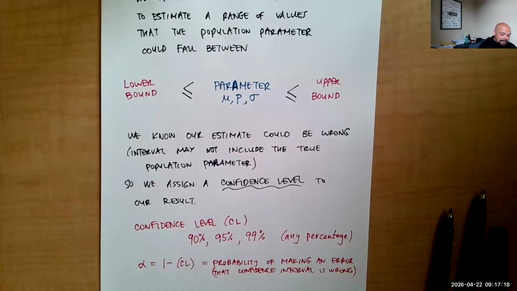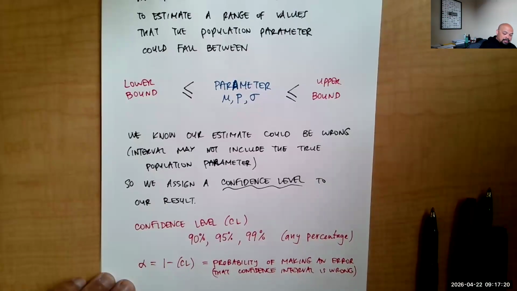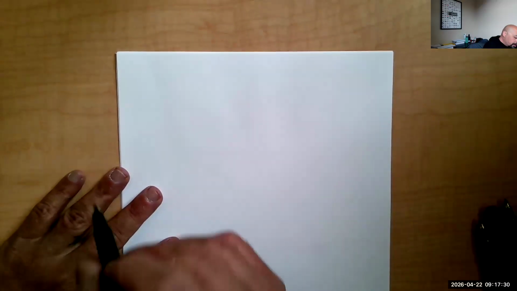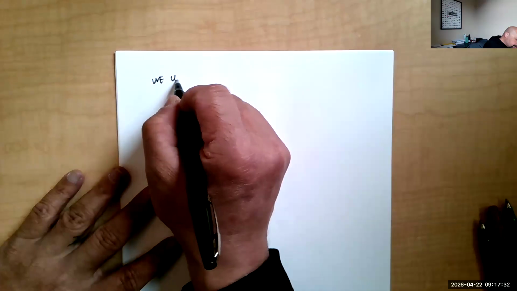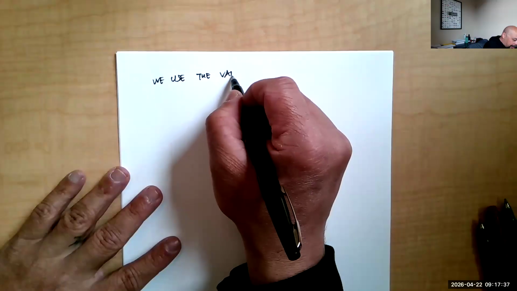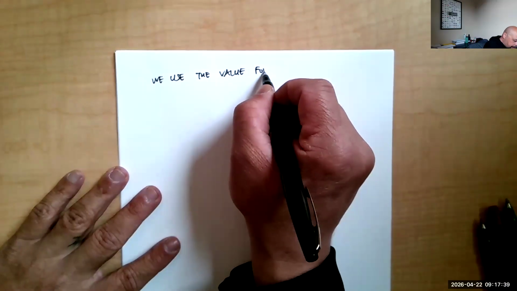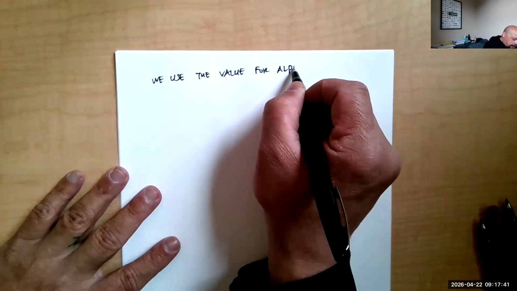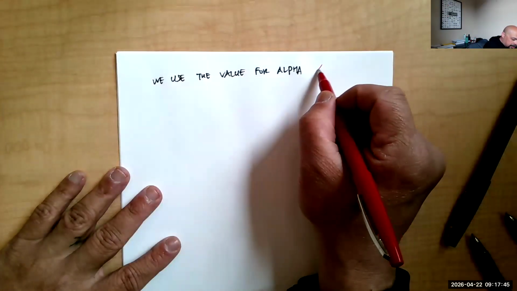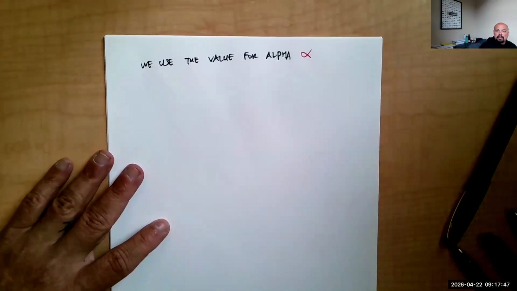And so where we're going to see this alpha, this probability of making an error, as we start to build up these formulas, and we'll do this on StatCrunch as well, right? That we use that value for alpha, that probability of making an error, there's our symbol, just kind of give that word to it as well, right?